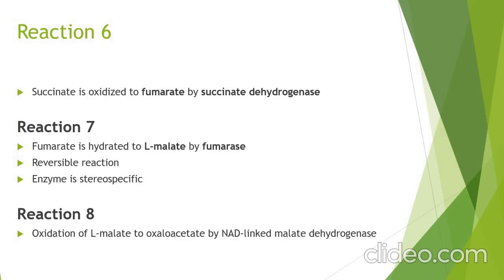Okay, and then the next reaction is where succinate gets oxidized to fumarate by the enzyme succinate dehydrogenase, and this is followed by fumarate getting converted to malate by fumarase. This step takes place by the addition of water, and it is also a reversible reaction.